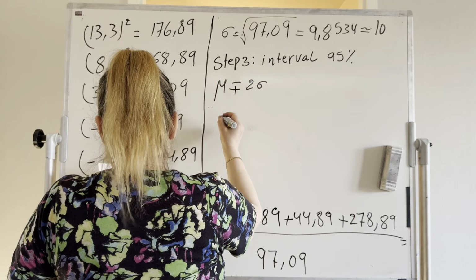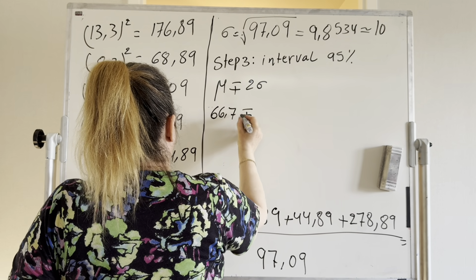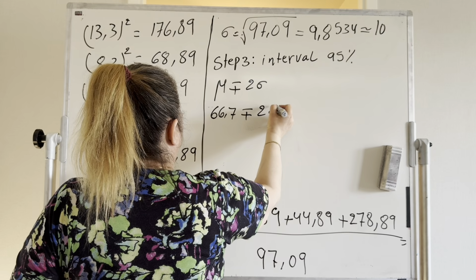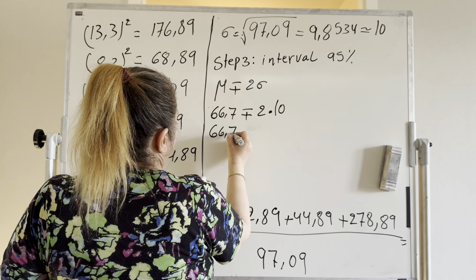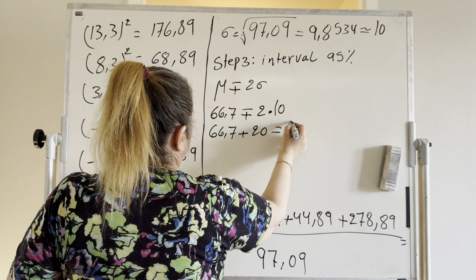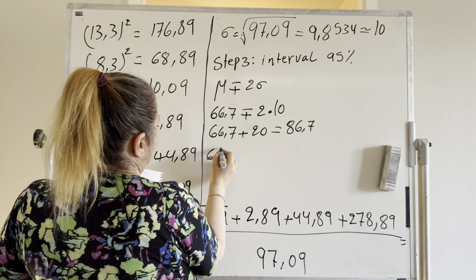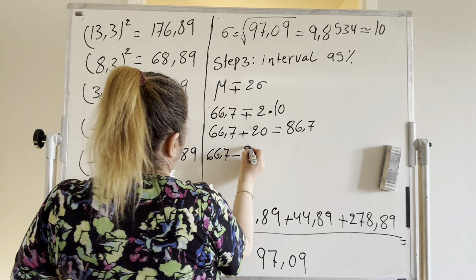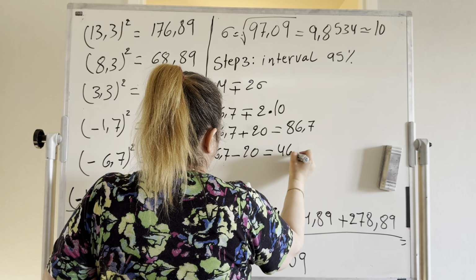It will be 66.7 plus minus 2 times 10. 66.7 plus 20 equals 86.7, and 66.7 minus 20 equals 46.7.